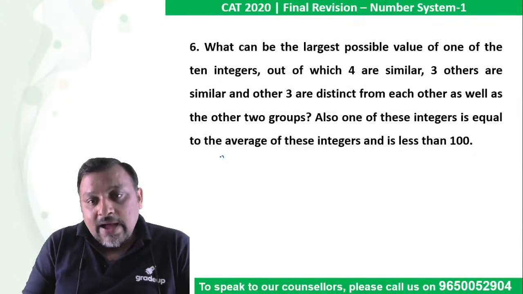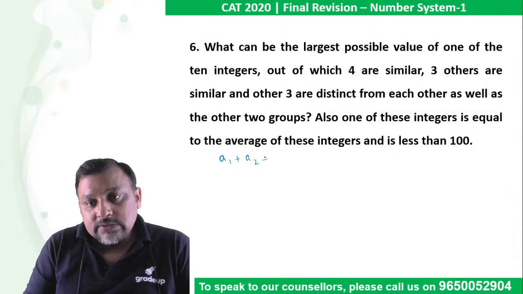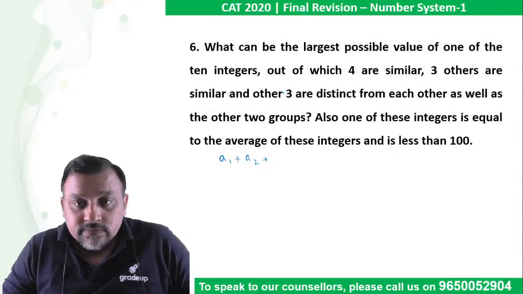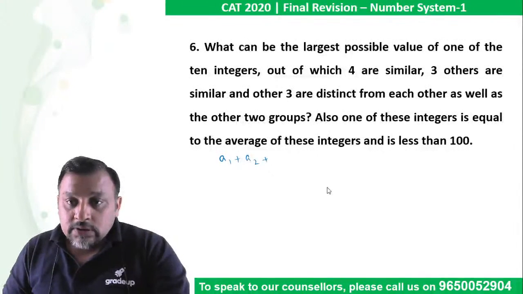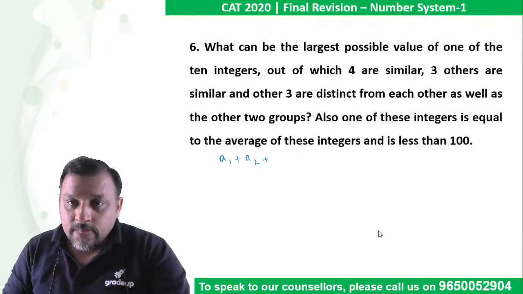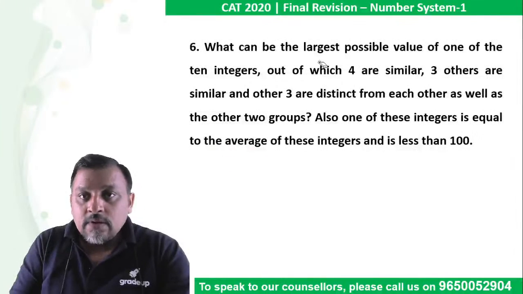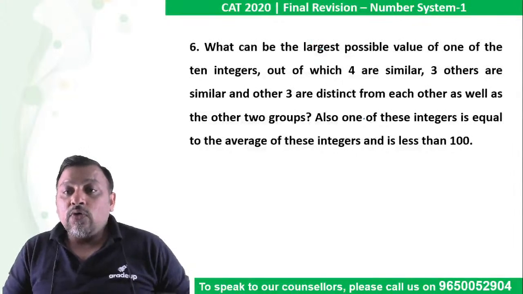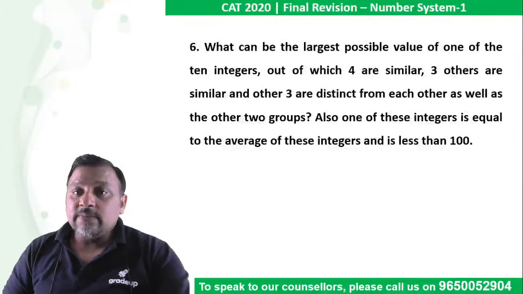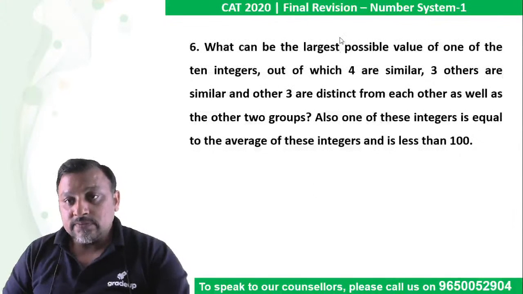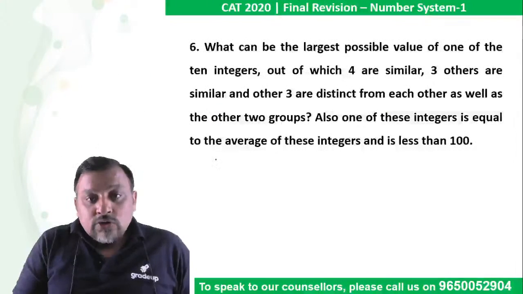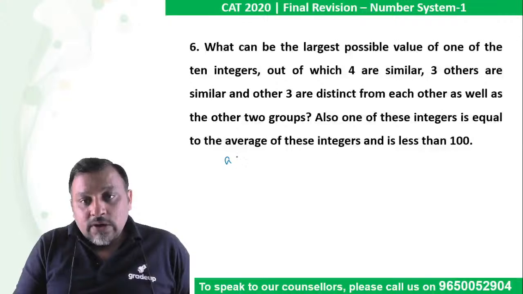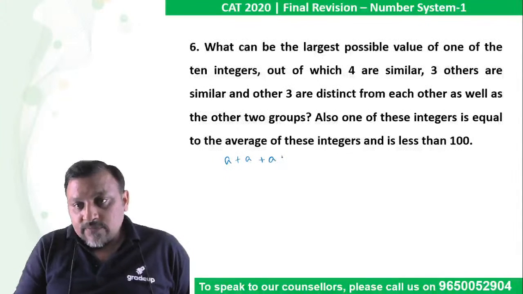See, it is given the average of 10 numbers is less than 100. And out of the 10 numbers, 4 are similar, 3 others are similar, and the other 3 are distinct from each other as well as the other 2 groups. So let us say the 4 numbers which are equal are A each.